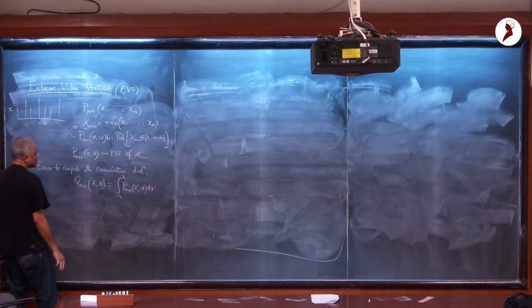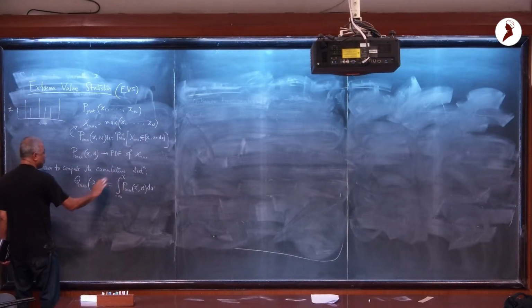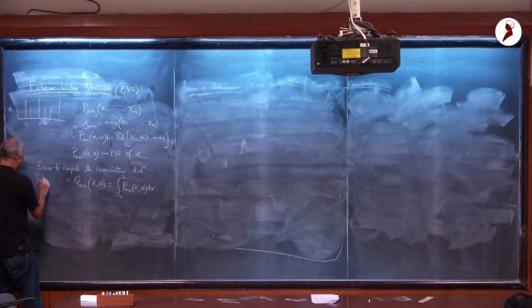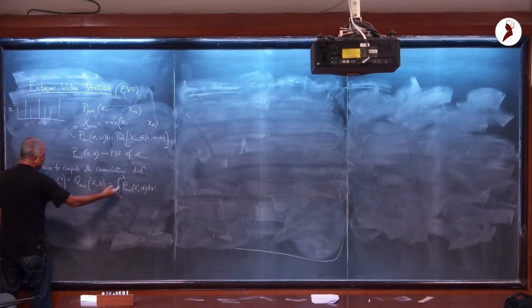That means, what's the probability that the maximum is less than or equal to x? And if I know the cumulative distribution, I can just take a derivative with respect to x, and that gives me the PDF.